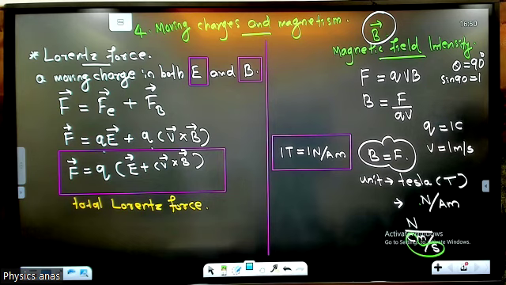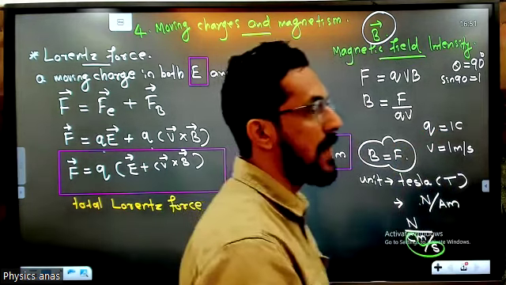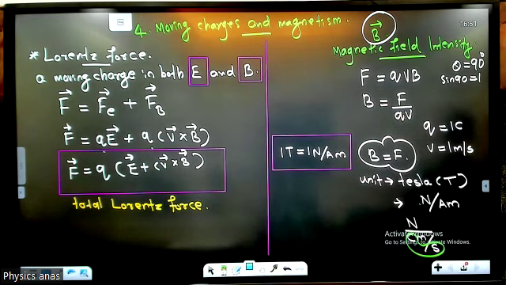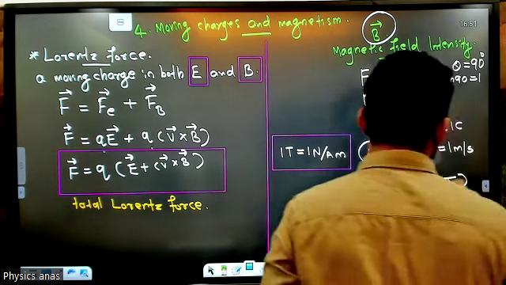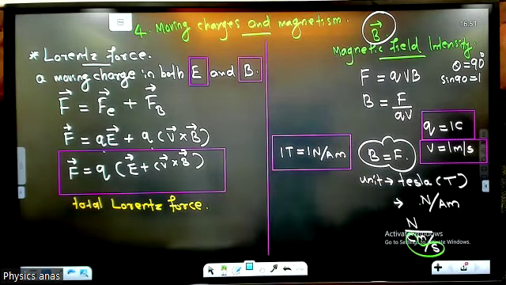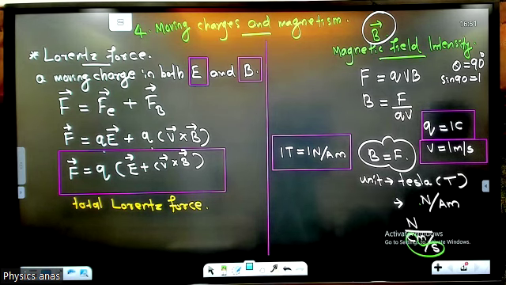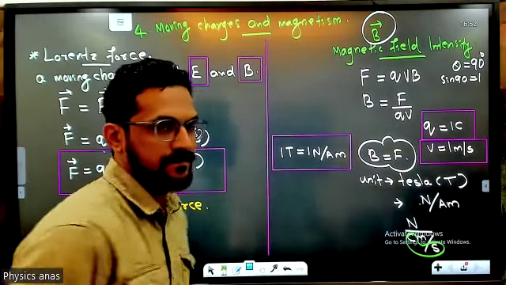Magnetic field intensity at any point is the force experienced by unit positive charge moving with the unit velocity perpendicular to the field.